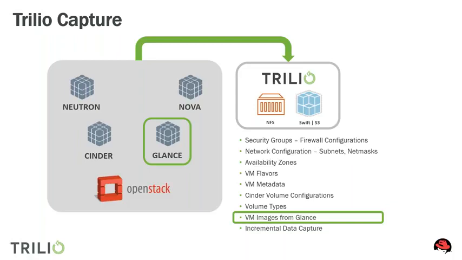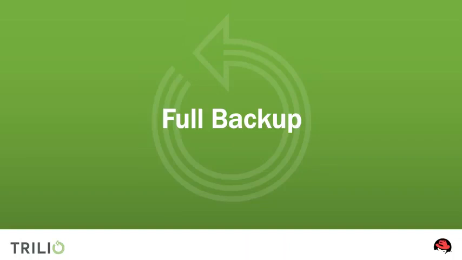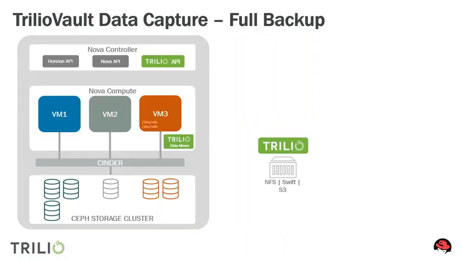Now, if you want to dive one step deeper into what a backup operation actually looks like and the touch points, well, let's talk about a full backup and an incremental, and this will give people a good sense of what's going on. So this is, again, your control, compute, and storage layer, and the target is on the right-hand side.